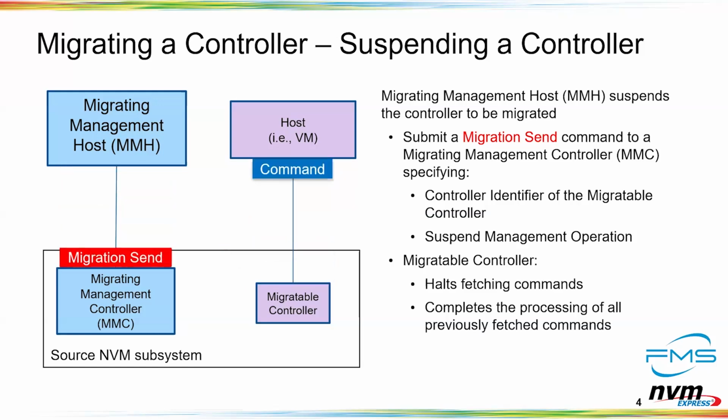As that migration send command comes in for the migratable controller that we are migrating, it stops fetching commands, completes processing of all previously fetched commands, and then halts. Halting is just the command processing; anything on PCIe, in terms of the controller properties or any PCIe registers, is still available for transactions.